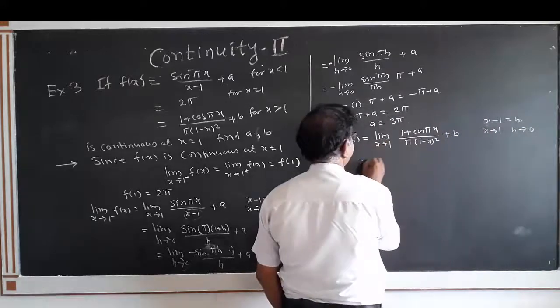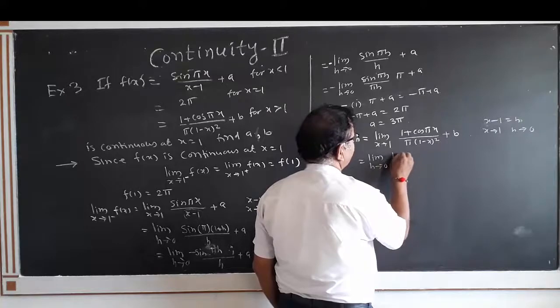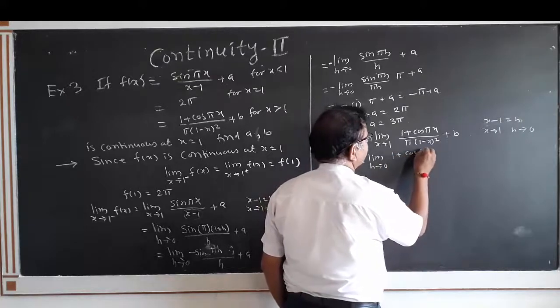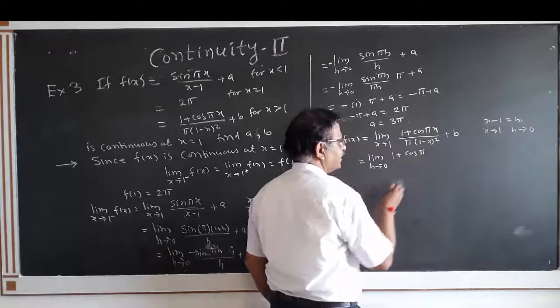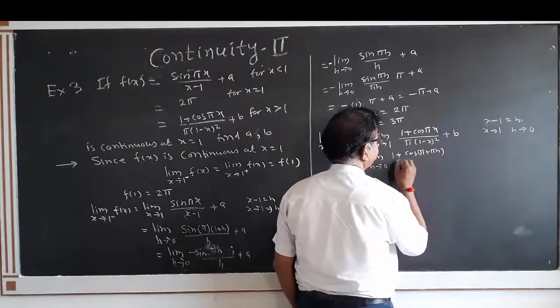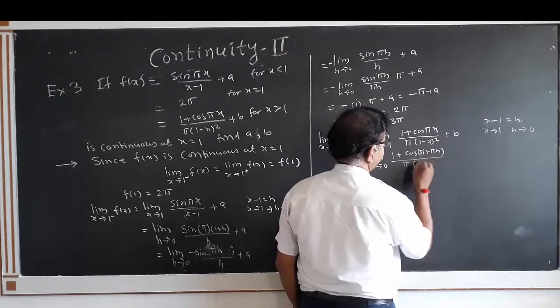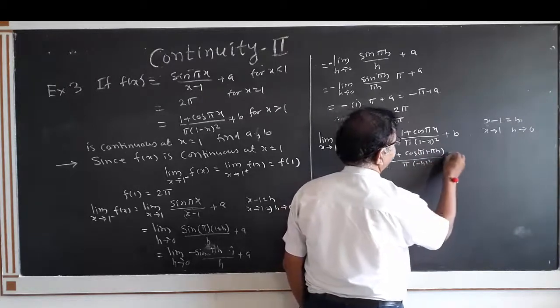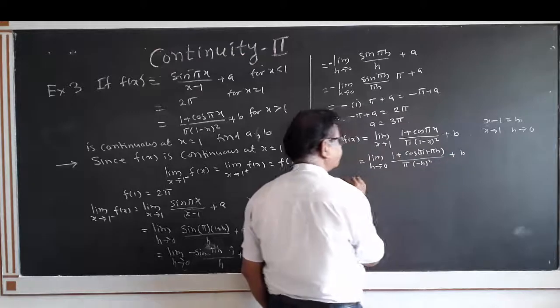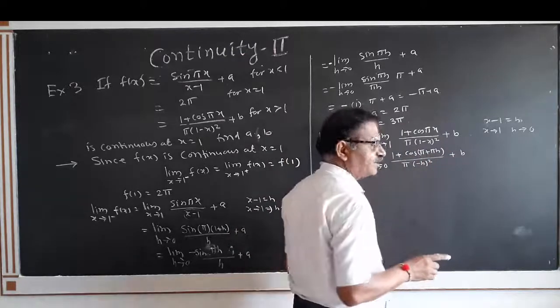Therefore, this limit becomes limit h tends to 0, 1 plus cos of pi into 1 plus h divided by pi into (minus h) whole square plus b. We know that cos of pi plus theta equal to minus cos theta.